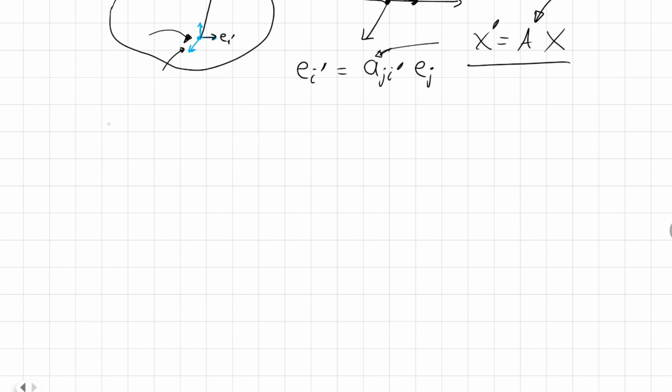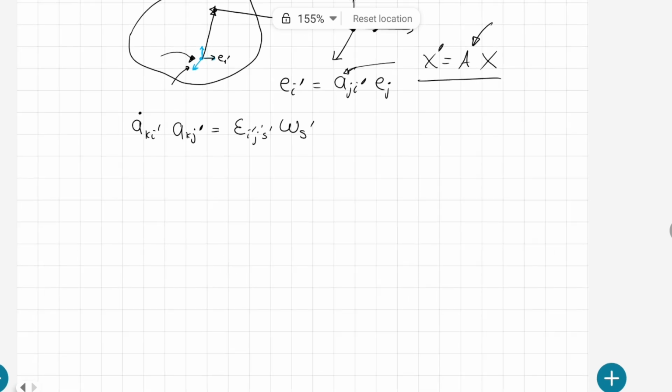That equation was this: a_ki prime dot times a_kj prime is equal to the Levi-Civita symbol epsilon_ijs omega_s, like this. We had this expression, okay?